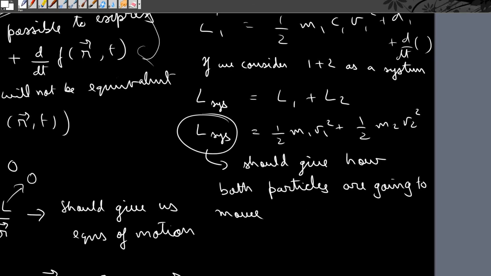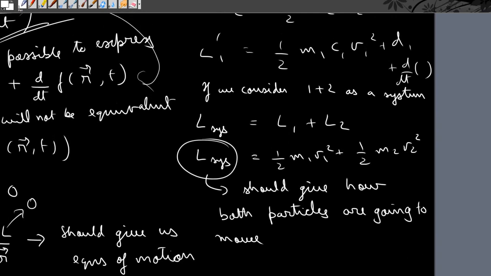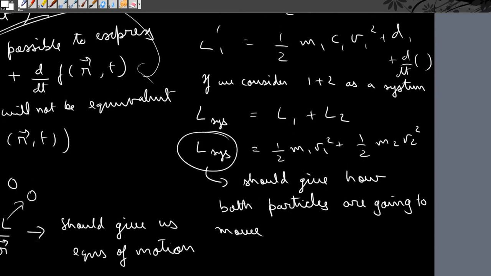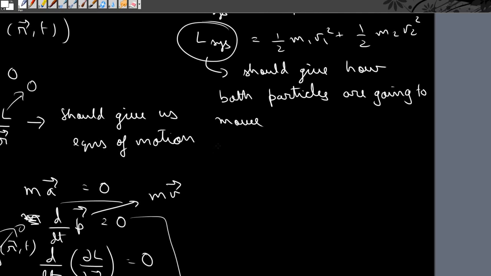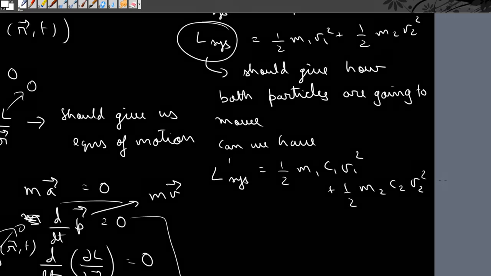Okay, now you may ask the question, can this happen? Can we have L system dash as some half m1 c1 v1 square, where c1 is a constant, and half m2 c2 v2 square?